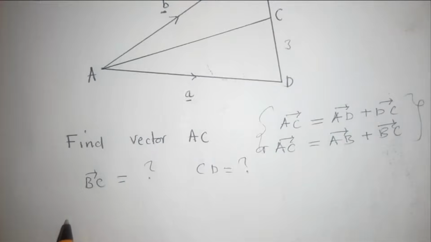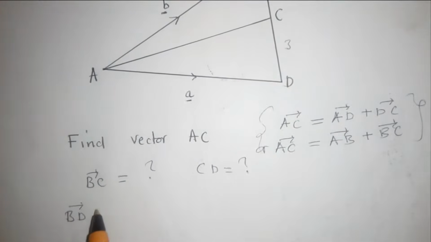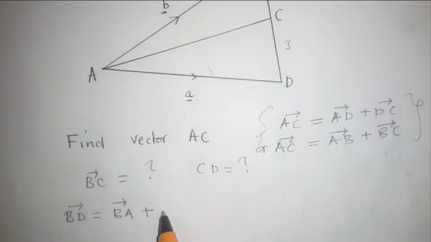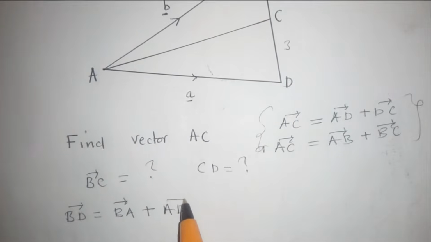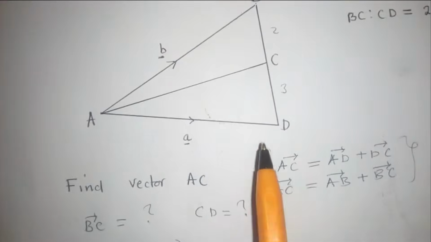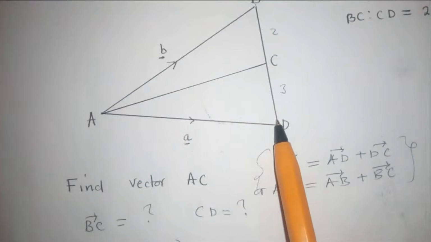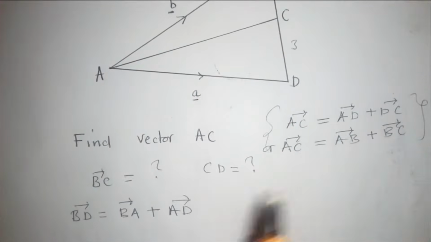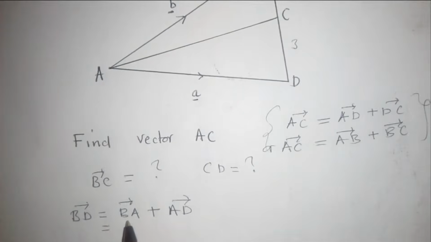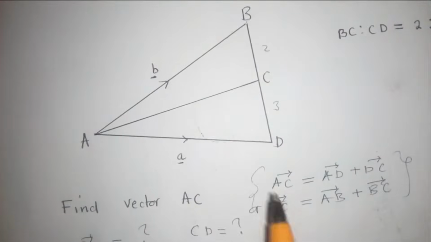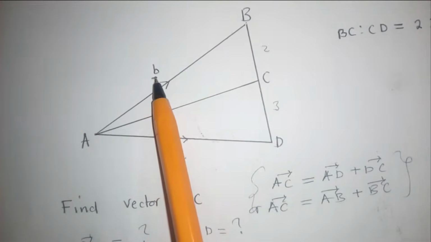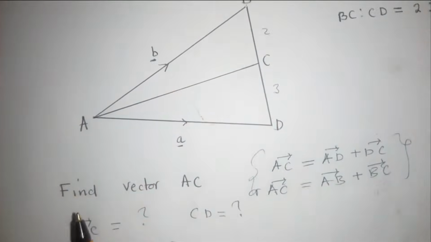So we say vector BD is equal to vector BA plus vector AD. So what is our BA? AB is being represented by vector b, so our BA will be the opposite.